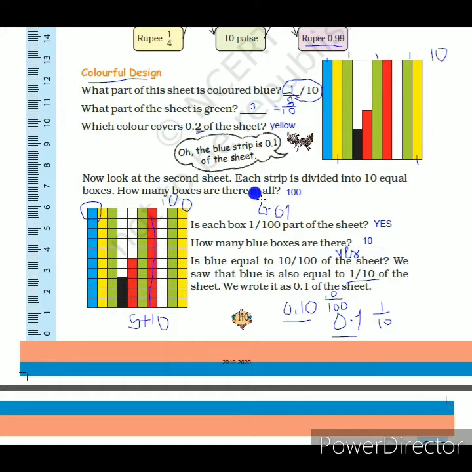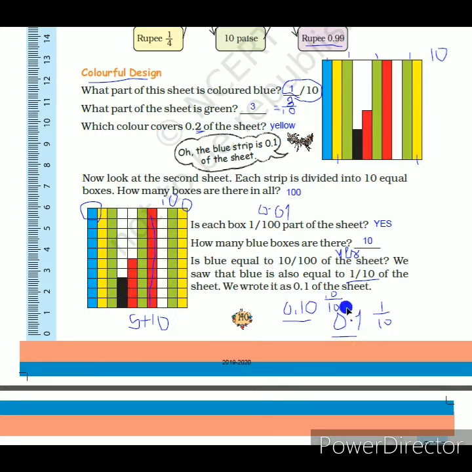But the second box is divided into 100 equal parts and each 10 boxes are given the same color. So the first box is 1 by 10 and the second box is 10 by 100. The boxes are divided in different ways, but the colored part is the same. That means 10 by 100 is equal to 1 by 10.